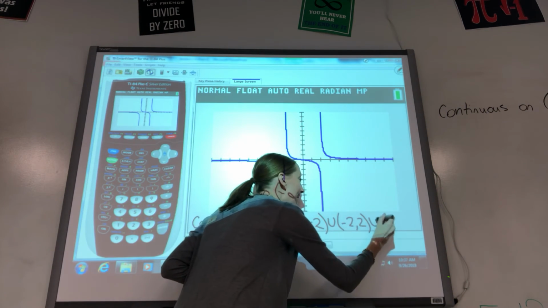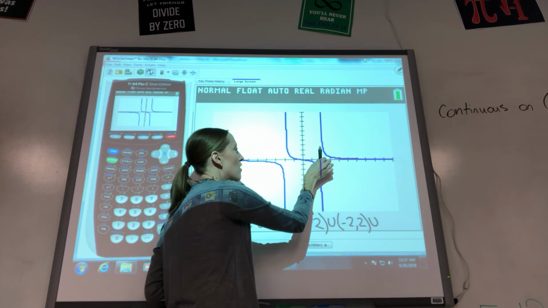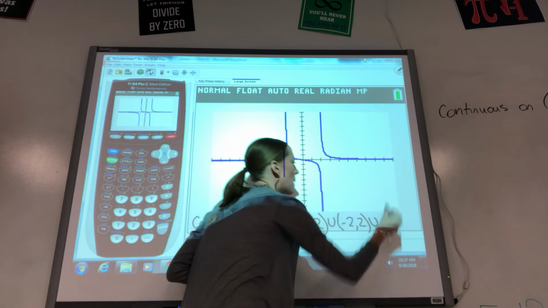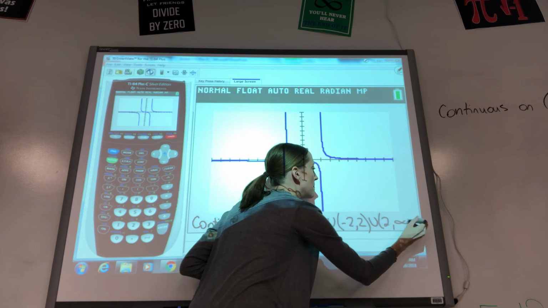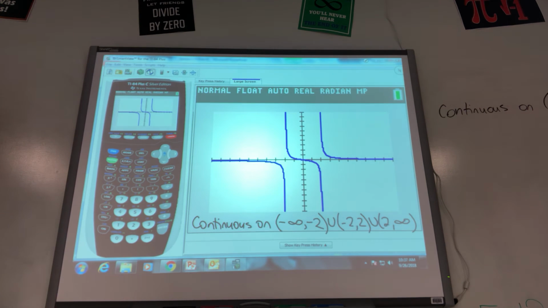Okay, and then the last interval, another union here, the last interval is from 2 to +infinity, but again, you're not really allowed to equal either of those. So parentheses everywhere. All right.